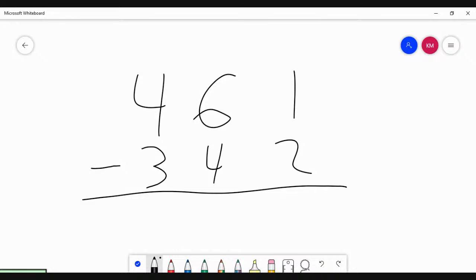When you get ready to borrow like this, especially since the ones place has a 1 over the 2, you only have to borrow from one number, and that's the tens place.